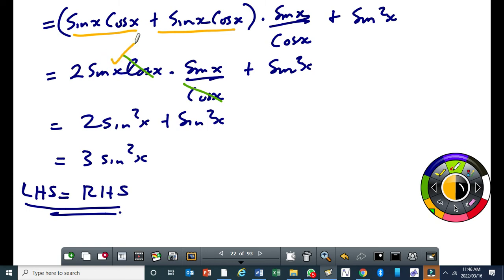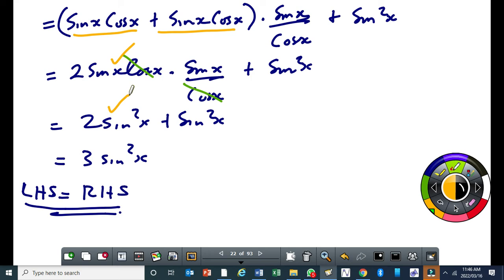So that's the mark allocation. And maybe you could also allocate it there. Yes, for getting that 2 sine squared x. So this question here should be about 6 marks.